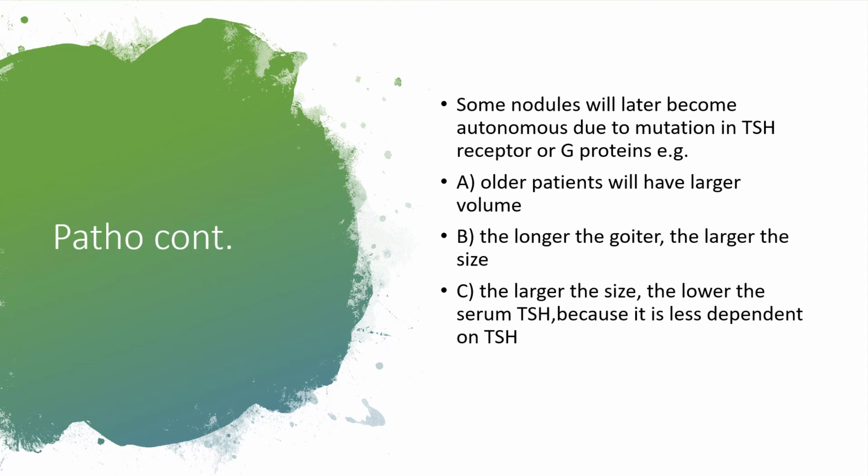Doing things on your own, independent of the other, right? So, TSH is responsible for the larger number of goiters, but in certain situations, autonomous production due to mutation in the TSH receptor or G proteins could set in.